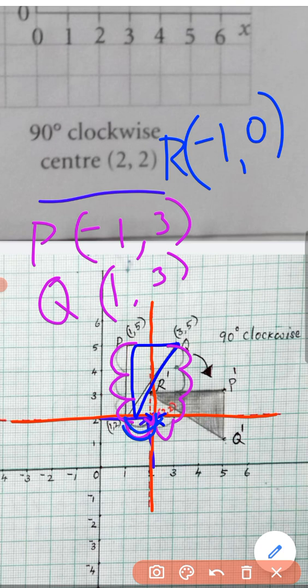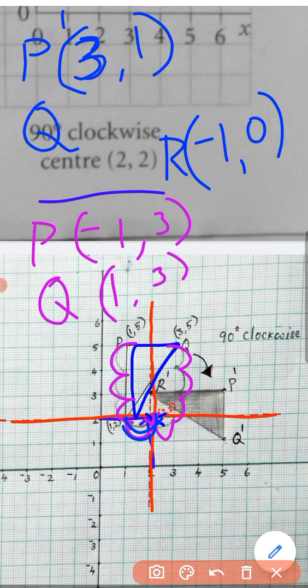So P dash becomes 3, and the opposite of -1 is +1. So 3, 1. Next Q dash is y, negative x.